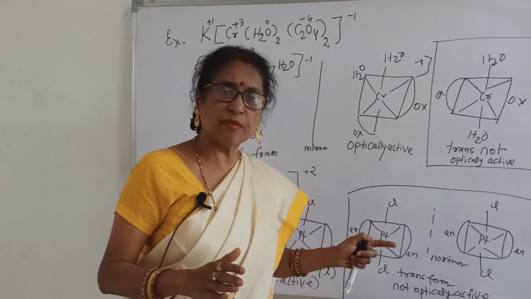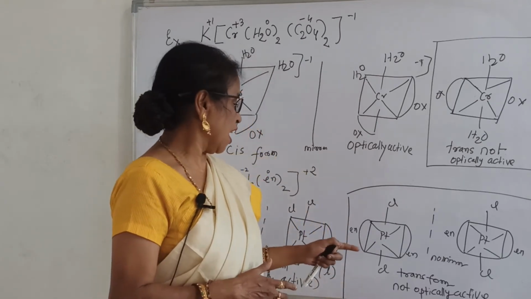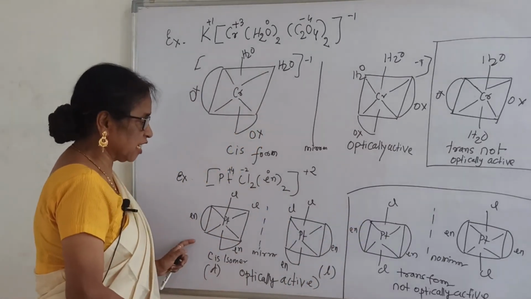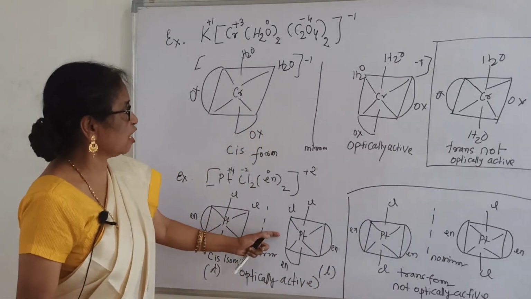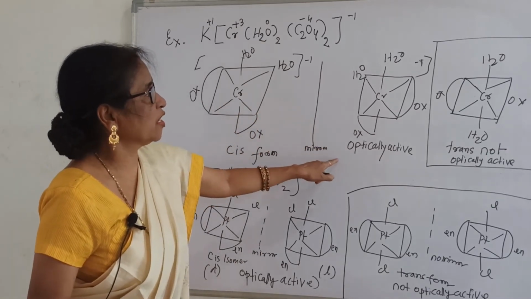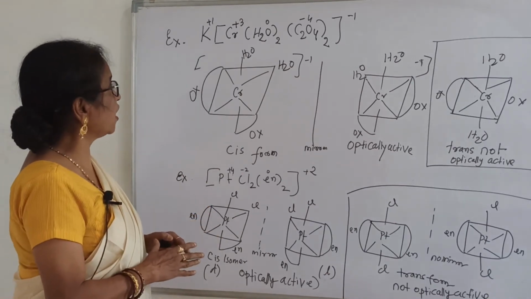There is no mirror image, so it is not optically active. And remember, this side always is the mirror image, meaning this is D, dextrorotatory, this is levorotatory. Similarly here, dextrorotatory, levorotatory. And now I hope you can understand that point.